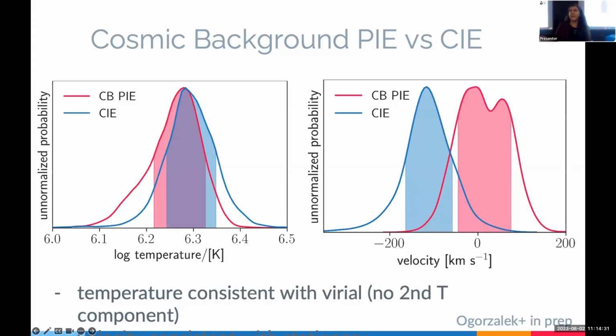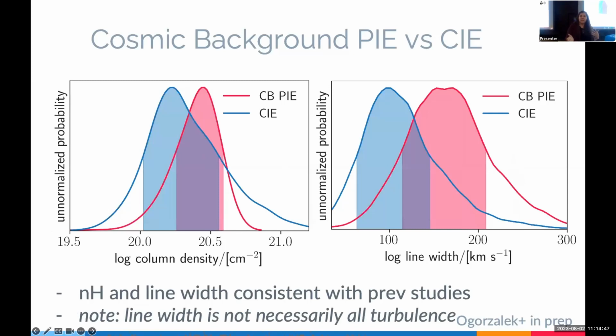We get the typical temperature and virial Milky Way halo mass. We do not detect a second temperature component, which is seen in some other work. We have a halo that's consistent with being stationary, but uncertainties on velocity are large. We get typically measured column densities and also line widths.